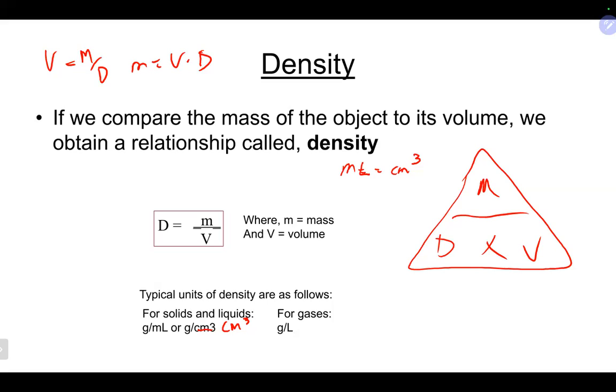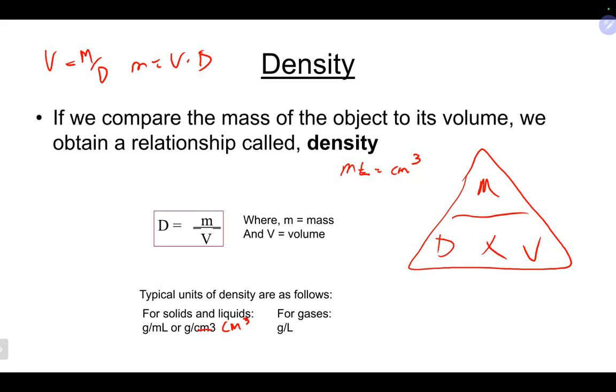Obviously, with this formula, we do solve for any of these variables along the way. In terms of the units, they really don't cancel out because up on top is mass, which is a different quantity than volume. So grams and milliliters will never cancel out. The number always stays with the grams part, and the volume is always really 1.